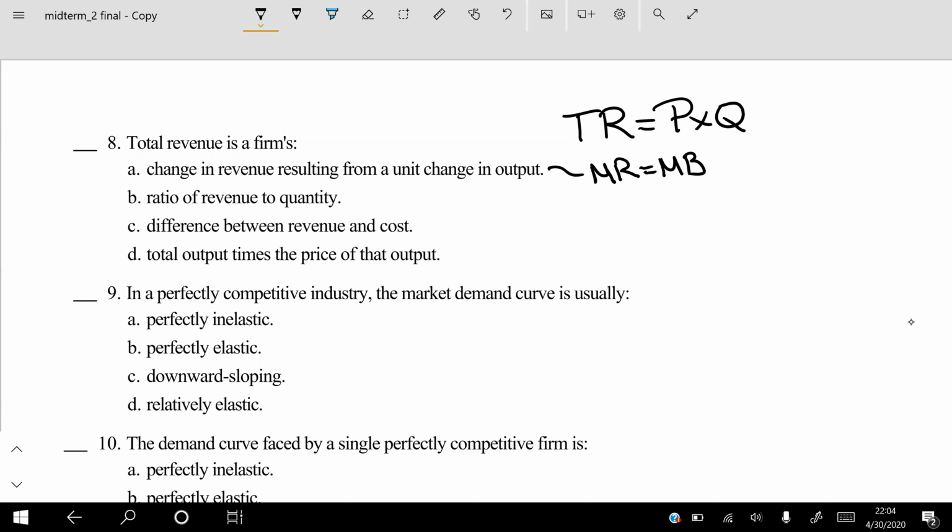It's the ratio of revenue to quantity. That's not right. It's the difference between revenue and cost. That's profit. And this would be average revenue. So it must be the total output times the price of that output, D.